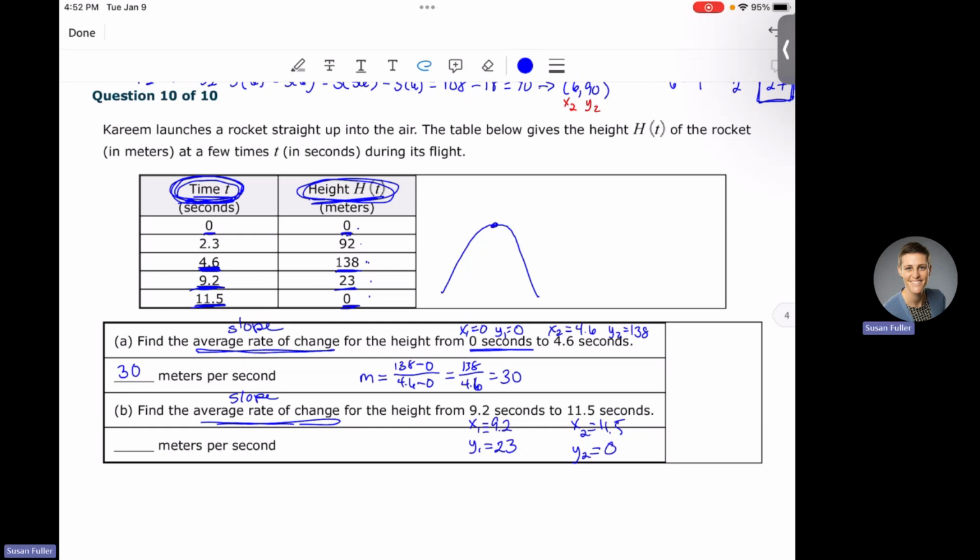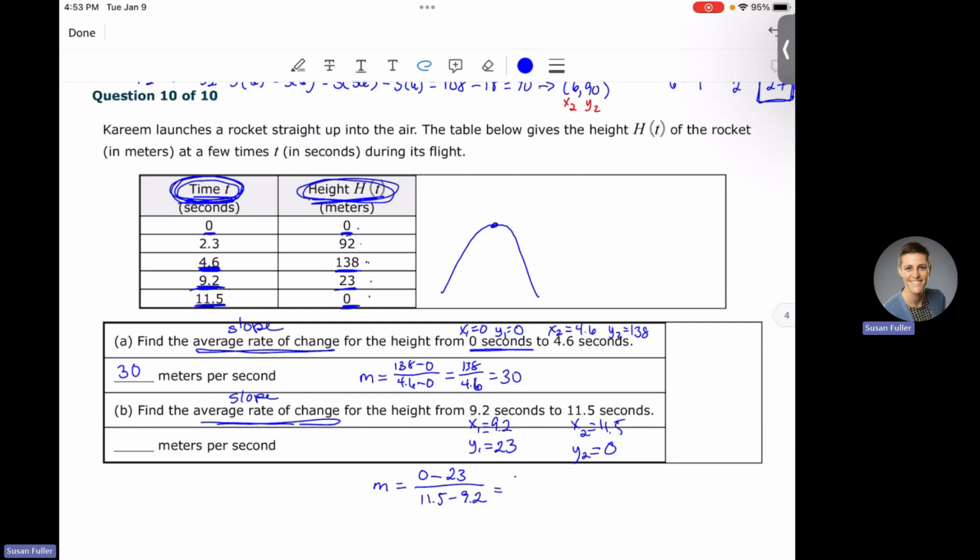And so now we'll find the slope between these, and we'll do y2 minus y1 divided by, oops, sorry, did that wrong. My brain's looking at the wrong thing. Y2 is 0 minus y1, which is 23. There we go. Divided by x2, which is 11.5, minus x1, which is 9.2.